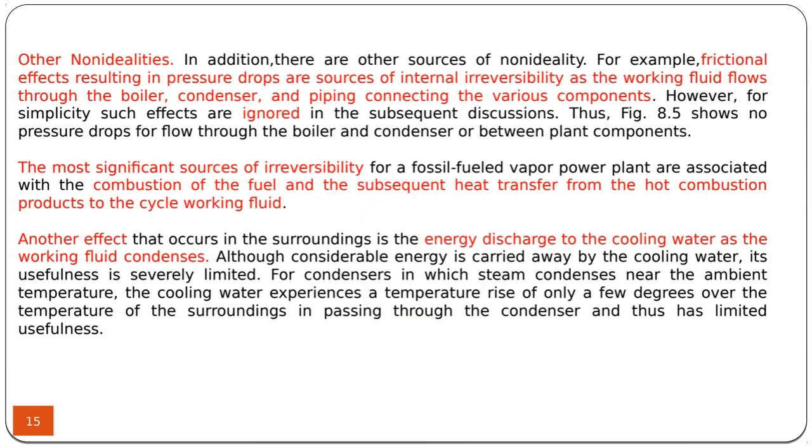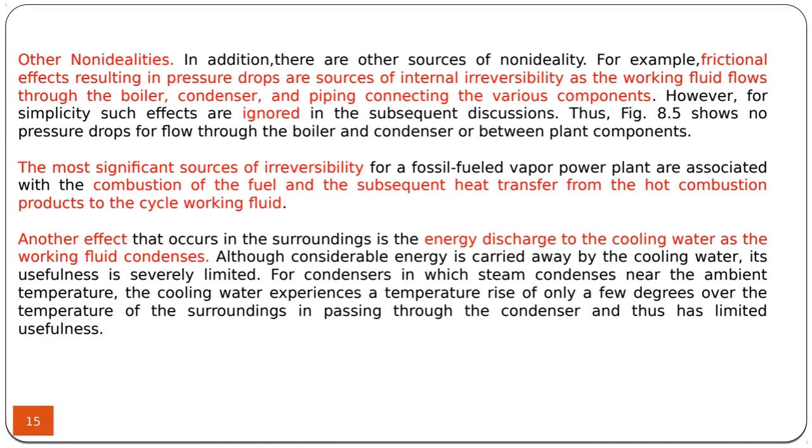There are other non-idealities, such as a pressure drop inside the boiler because of the fluid and pipe friction, or there can also be a pressure drop in the condenser because of the friction of the fluid and the surfaces inside the condenser.